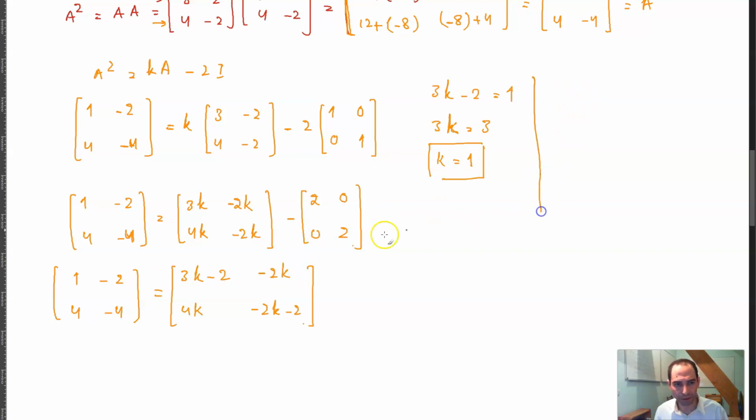Or if I take negative 2 is equal to negative 2K, then K is equal to 1 again.